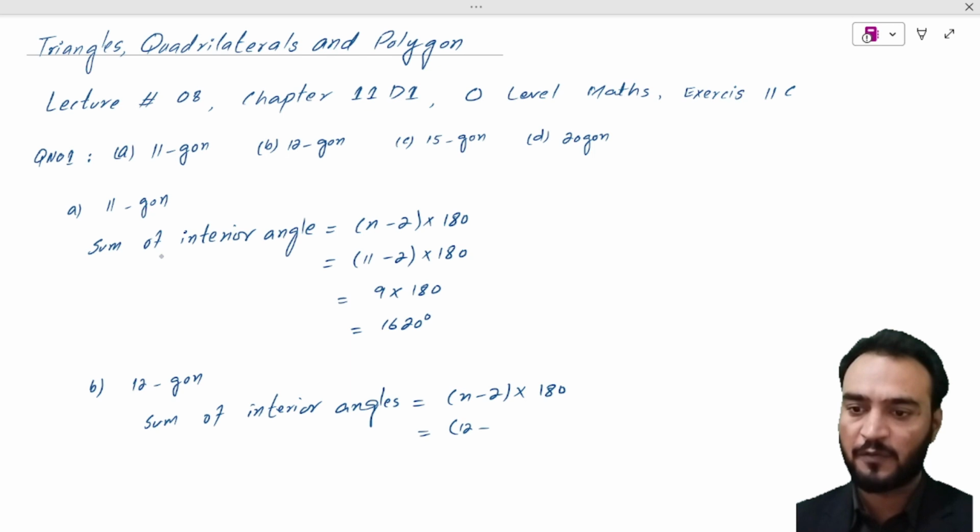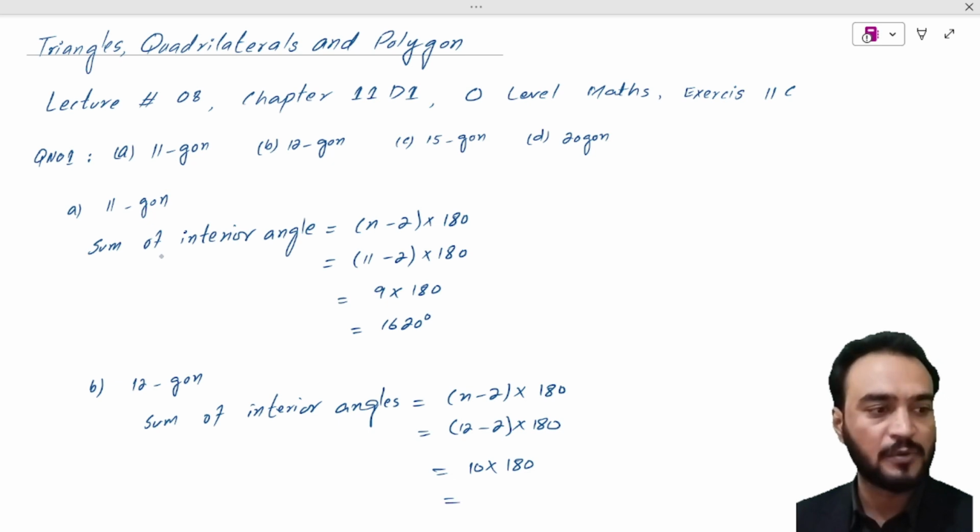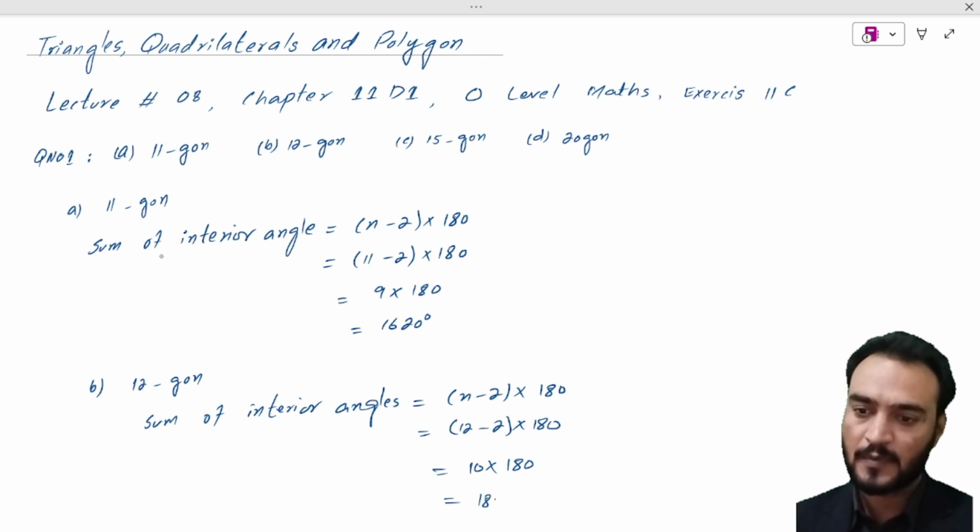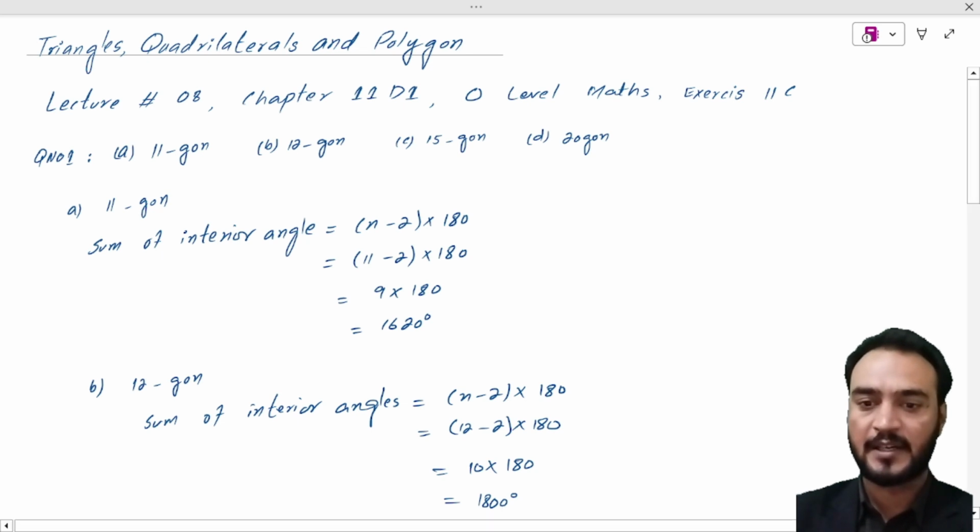This becomes 12 minus 2 times 180. Subtracting 2 from 12, we get 10 times 180. Multiplying 180 by 10, we get the answer which is equals to 1800 degrees. So sum of interior angles in 12-gon is 1800 degrees.